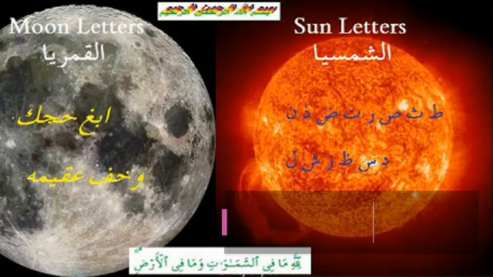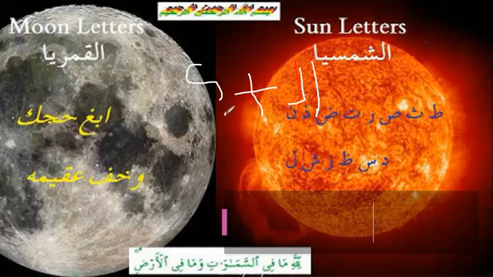The letter that's after the al is going to be the one that determines what we're going to do with it. So that would be an al plus what letter?